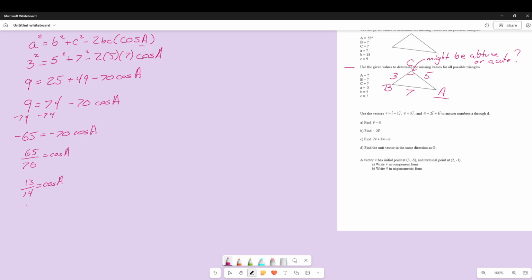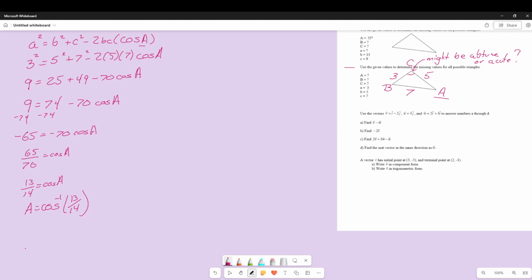This is less than 1, so that tells us it can actually happen. That's nice. So angle A, we're going to find whatever the cosine inverse of that 13 14ths is. And the nice thing, because it's the law of cosines, we can go ahead and use the principal answer and be pretty safe.